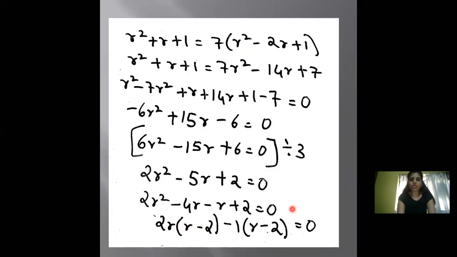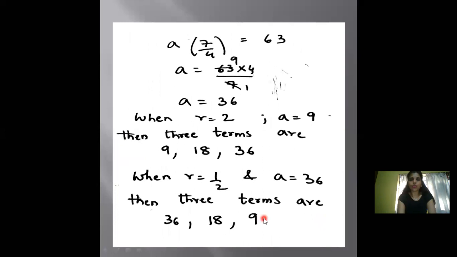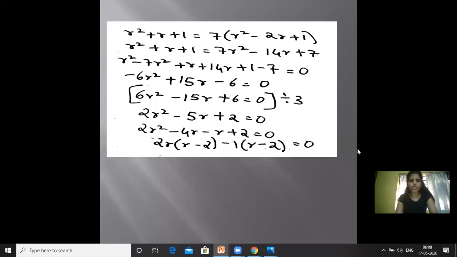So here you can see r minus 2 in one bracket and 2r minus 1. Now here children, you can see that we have got r minus 2 in both the brackets. So then our factorization is correct.